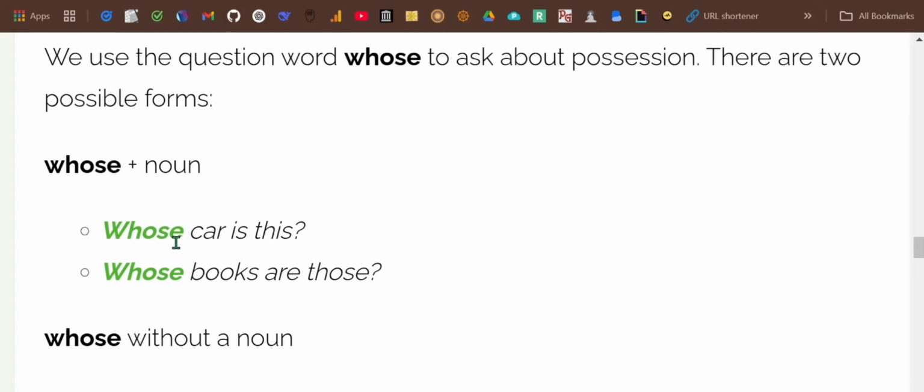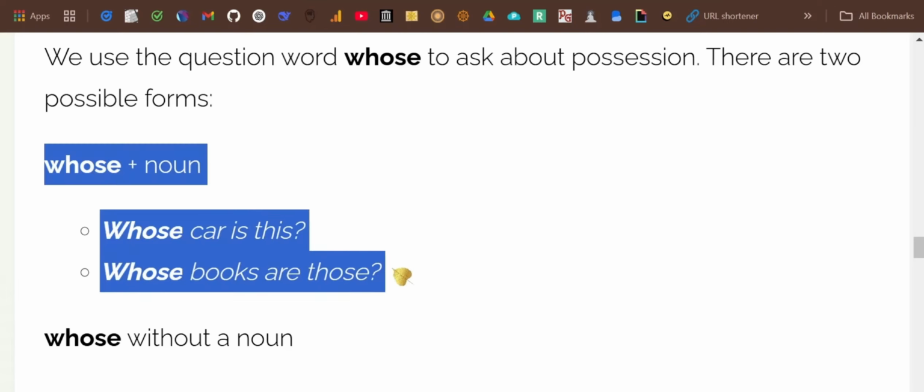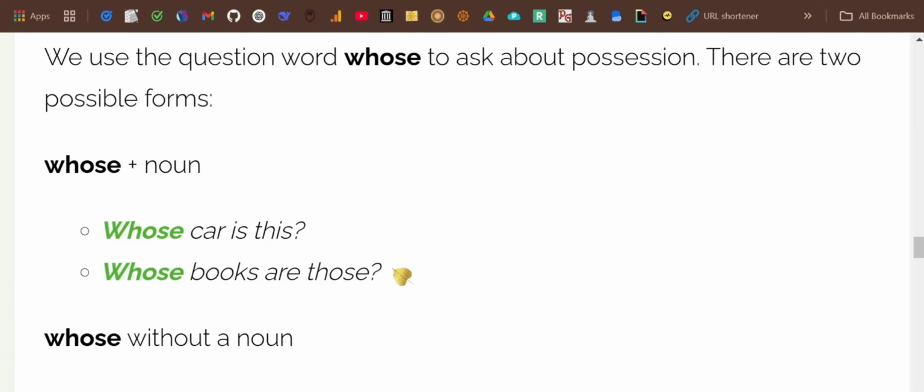So, whose car is this? This is whose plus a noun. Whose car is this? Okay? Whose books are those? I think you haven't mastered these types of things yet, maybe.